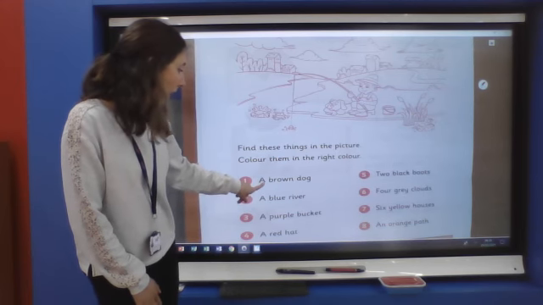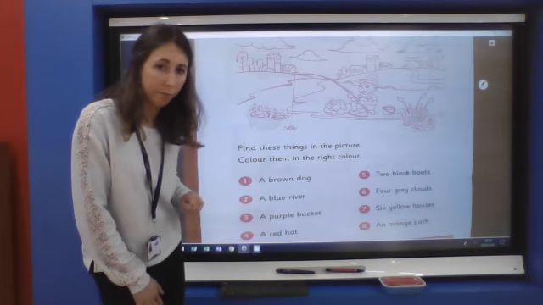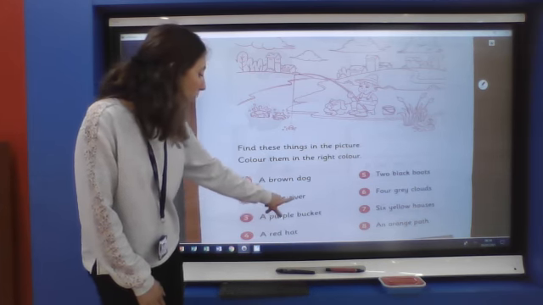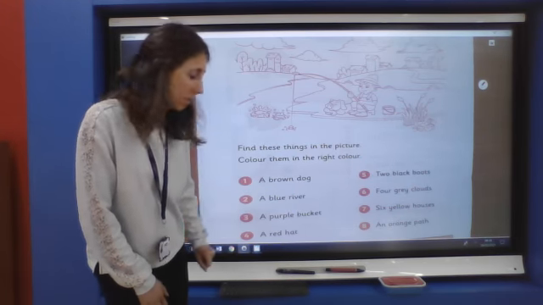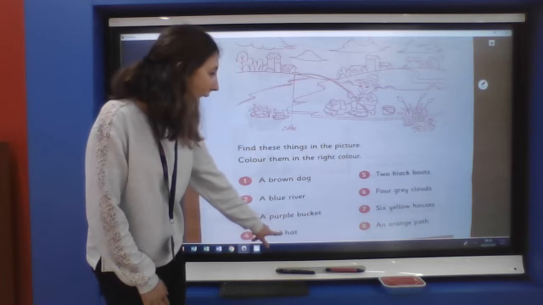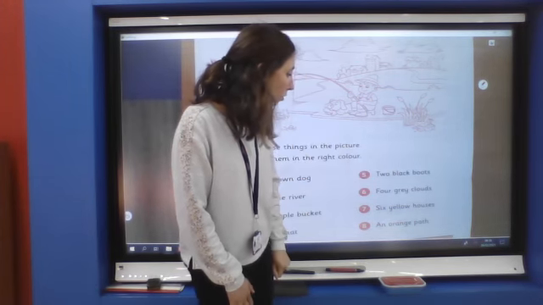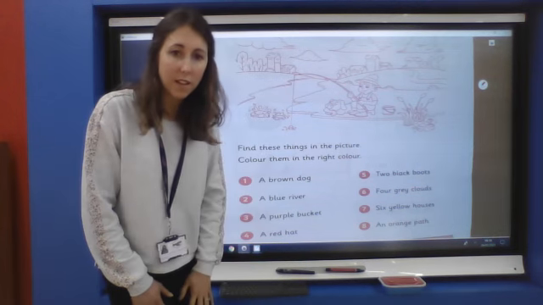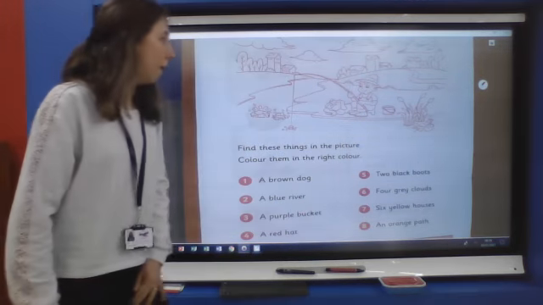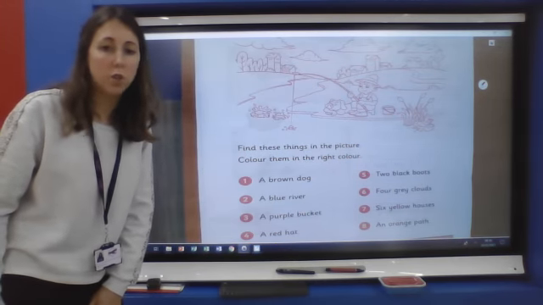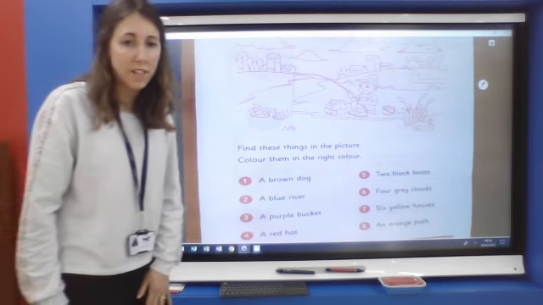Okay, so it says a brown dog, a blue river, a purple bucket, a red hat, 2 black boots, 4 grey clouds, 6 yellow houses, and an orange path. So if you do have those colours and you would like to colour that in extra, that is great.